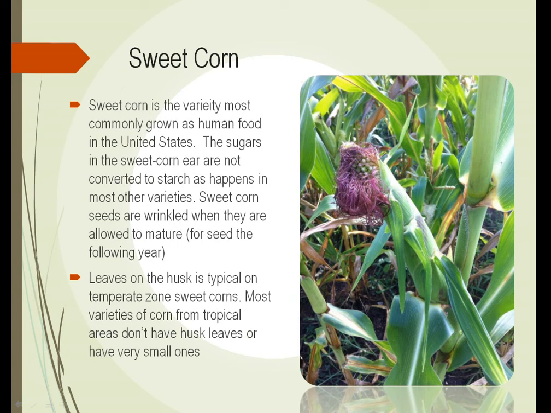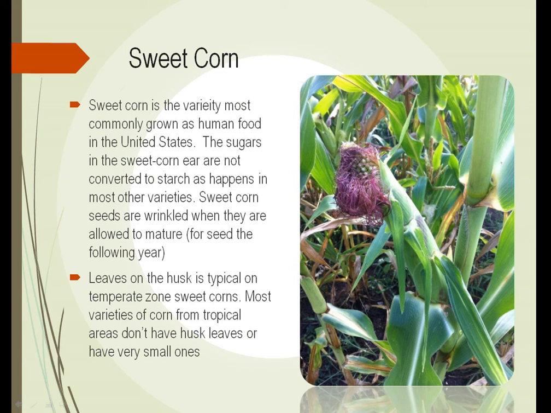Sweet corn is a type of dent corn, and this is corn that we commonly eat before we allow it to fully mature and dry out. For human consumption, this in the United States is the most common type of corn. Elsewhere in the world, flour corn is the most common type of corn for human consumption because it can be made into all sorts of bread-like substances and tortilla and that sort of thing.